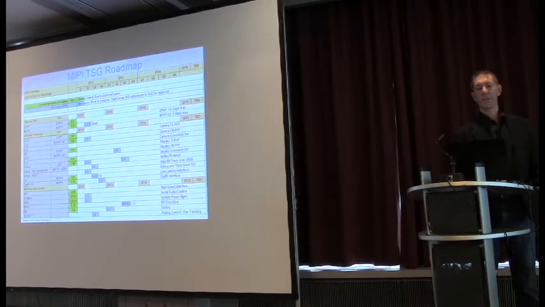Along the y-axis here, we basically see each of our interfaces. The colors are intended to represent one of two things. Green represents a specification that's been approved by the board and is typically in production. So you can see that D-PHY 1.1 and the M-PHY, as well as all of these, are standardized, they're blessed by the board, and the industry is largely using them.